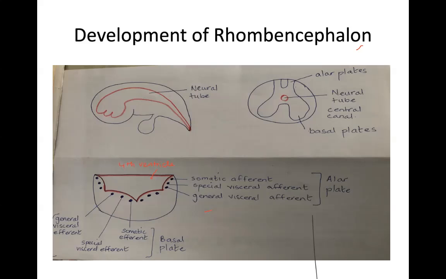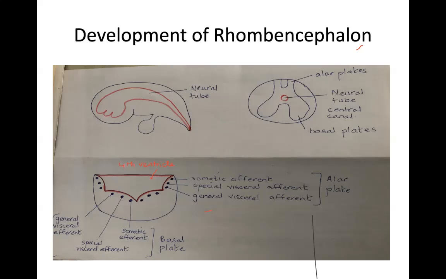It rearranges the alar and basal plates, and it expands to form the rhomboid shaped fourth ventricle, which is the cavity of the hindbrain or the rhombencephalon. And why have I drawn it in red? Because this is the original neural tube. The original neural tube became the central canal in the spinal cord. And now when we come to the hindbrain, that neural tube will reshape itself and become the cavity of the fourth ventricle.